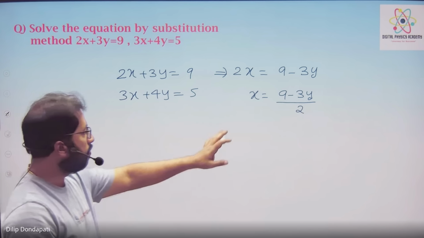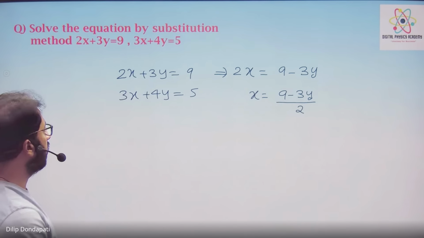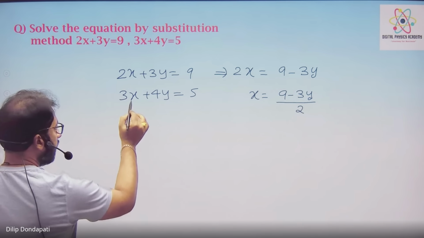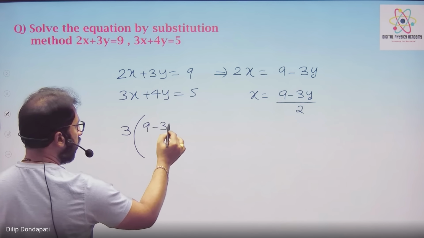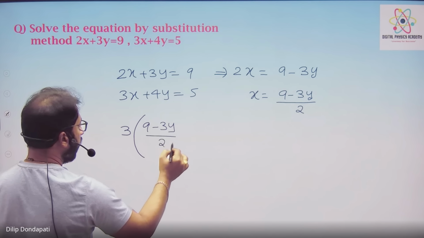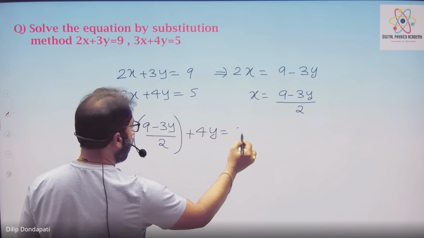Okay. Now simply substitute this value, the complete value of x in the second equation. So in place of x in 3x I'm substituting this one, bracket open, 9 minus 3y by 2, plus 4y same, I keep 4y like this, is equal to 5.